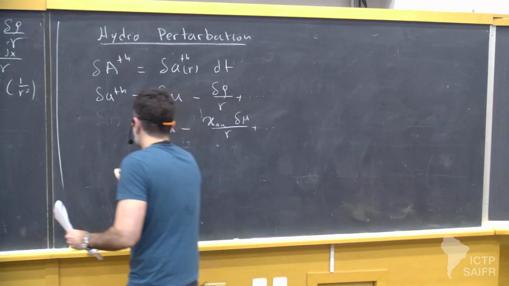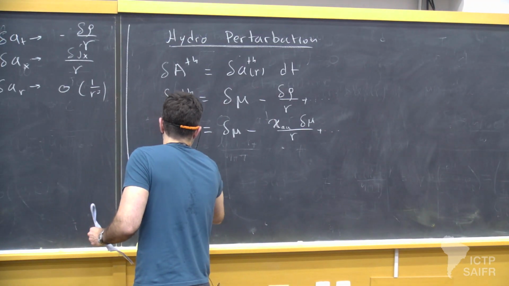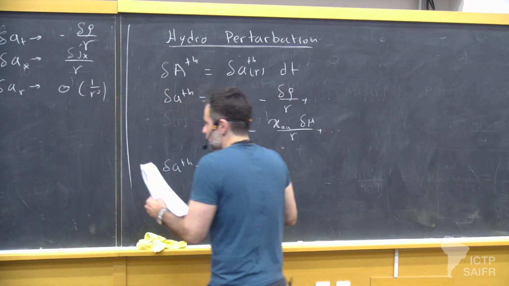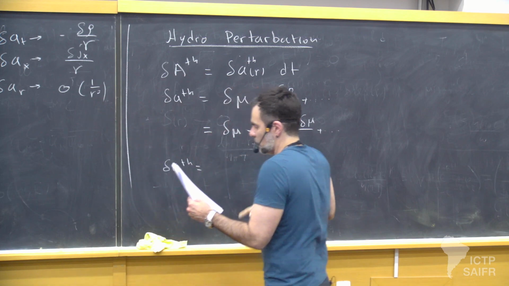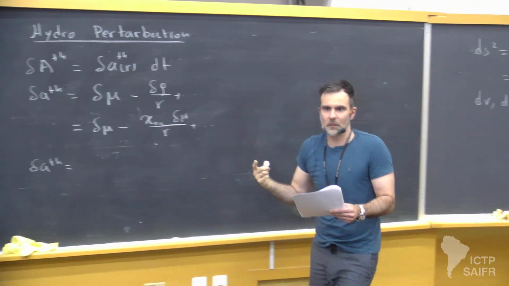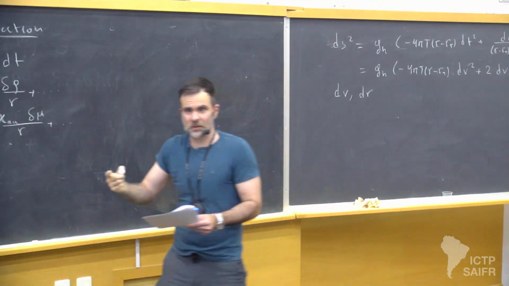Now, close to the horizon, the thermodynamic perturbation is going to look something different from that. Because we said that the time component of the gauge field should vanish at the horizon, right?